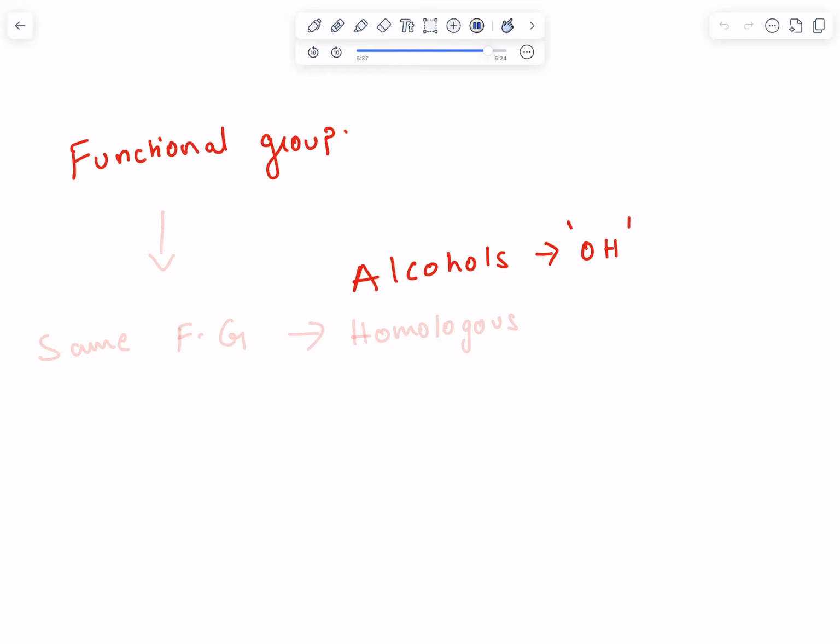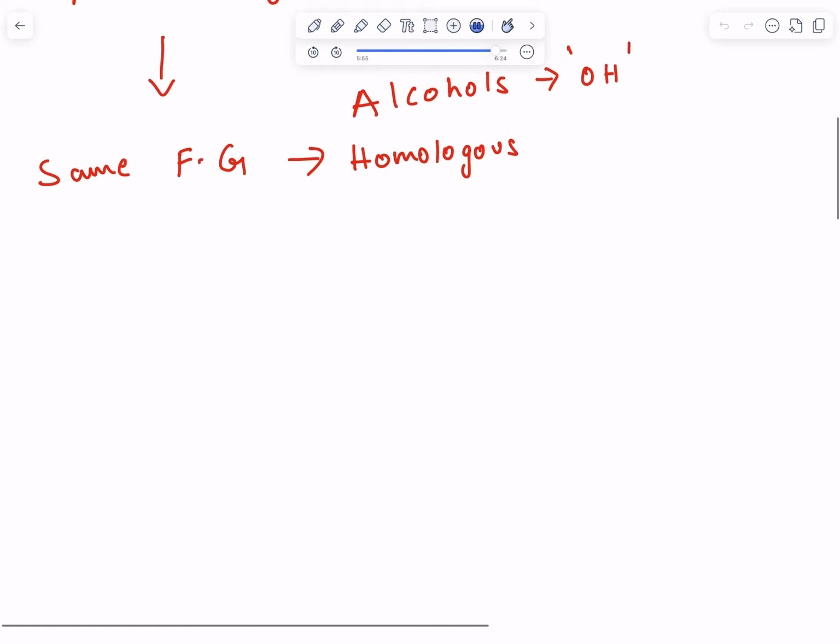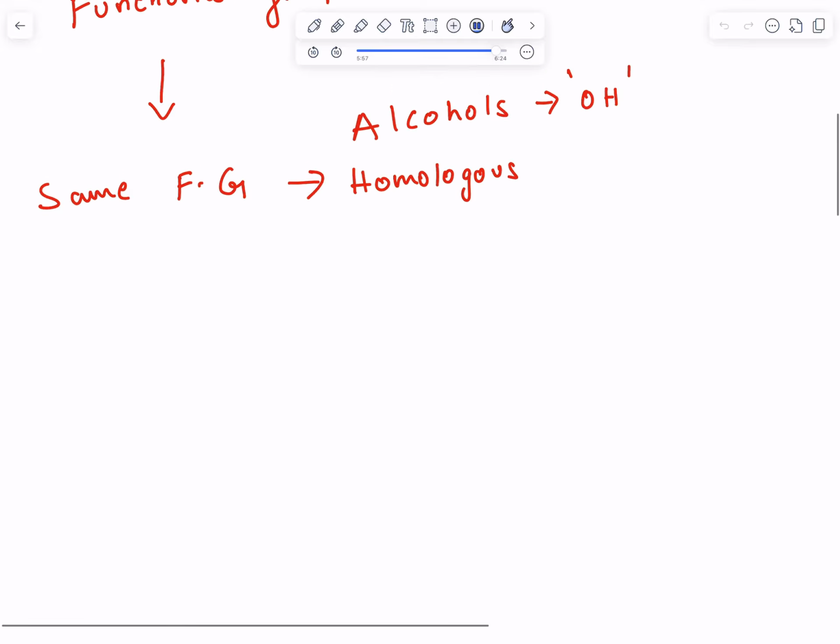So we say organic compounds with the same functional group, FG as in functional group, belong to the same homologous series. Homo as in same, logous is having the same properties.